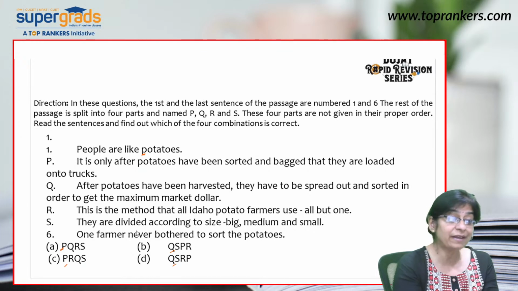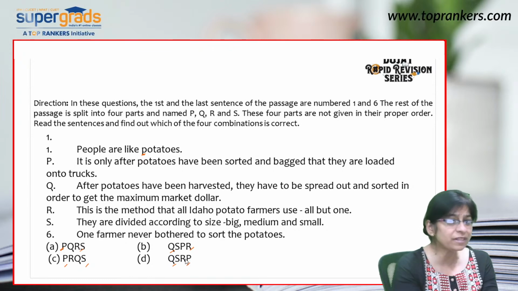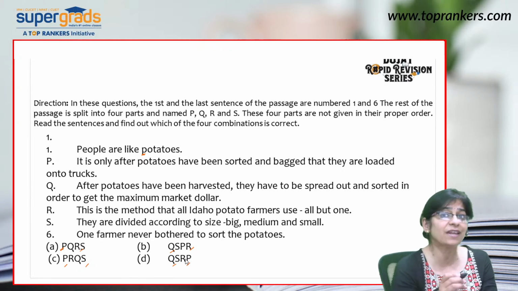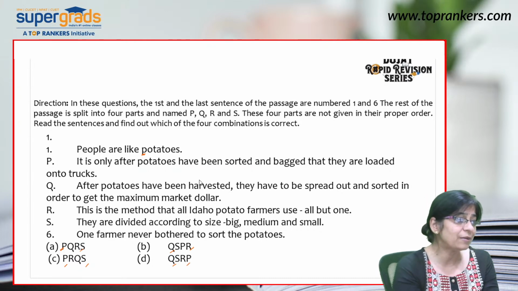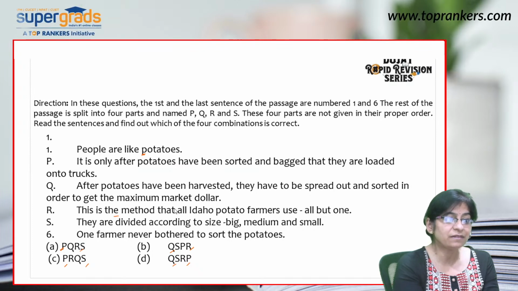Second way of looking at it, should S precede 6? Should R precede 6 or should P precede 6? If even this doesn't work, try and see if there are any mandatory pairs in the sentences. And I've figured out one already. Now see, okay, I've got one answer. Let's see. See, this method that all Idaho potato farmers use, all but one.